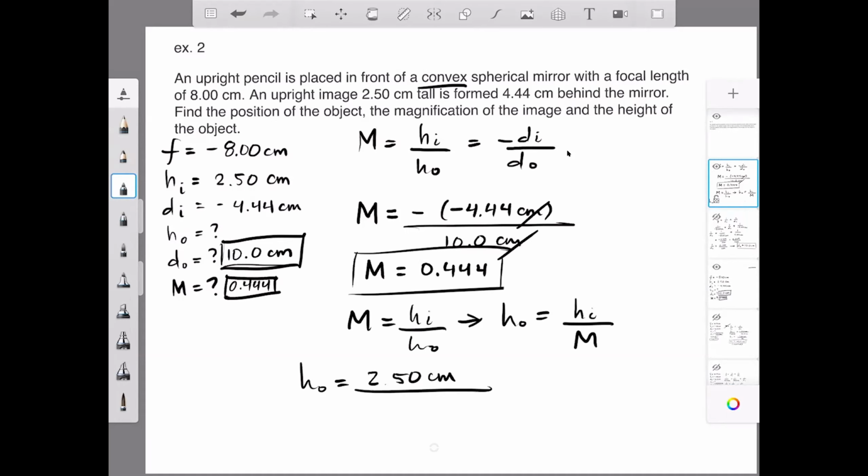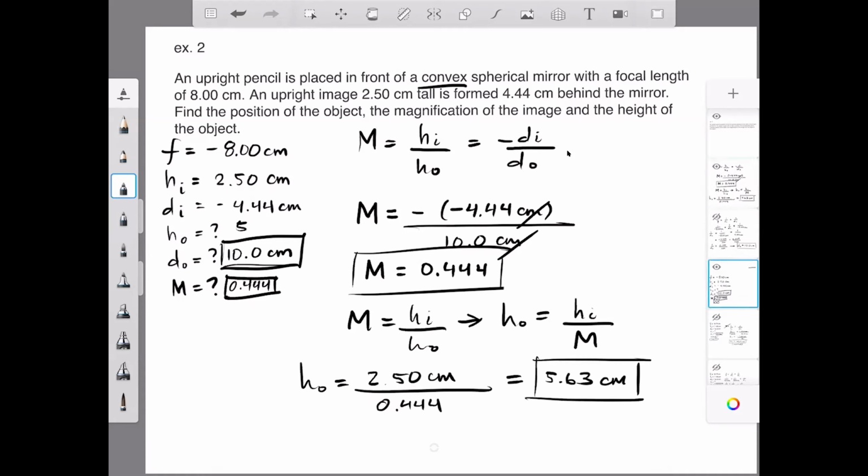Our M was 0.444. So all we gotta do is divide here. So 2.50 divided by 0.444 is 5.63 centimeters. So there's our object height.